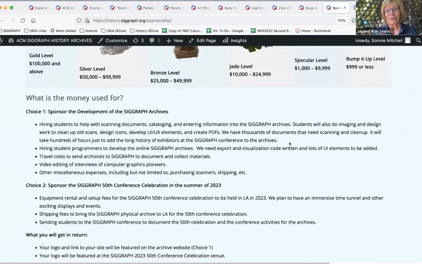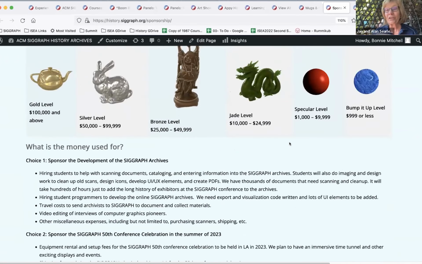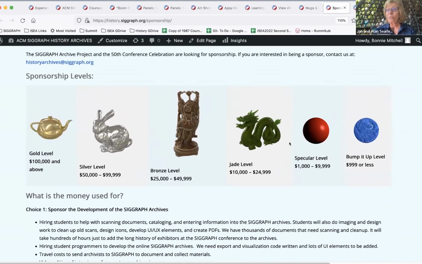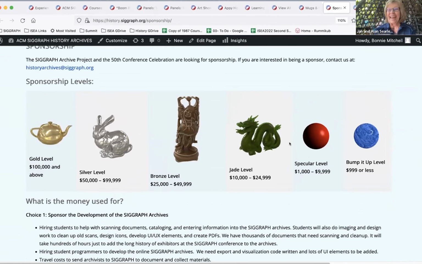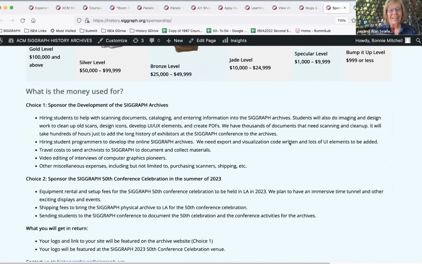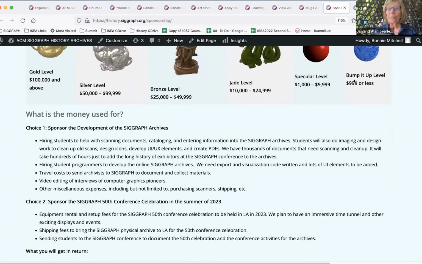Thank you to the SIGGRAPH History Committee and to the ACM History Committee to pay some students, but we really could use a lot more student help, and we want to pay them both for adding this information or taking care of the images and getting it into the archives, but also seeing if we could sponsor students to actually attend a SIGGRAPH and have the experience for themselves.